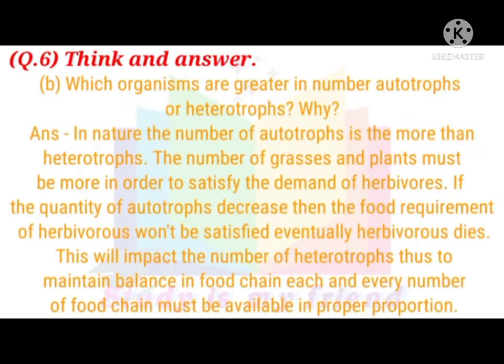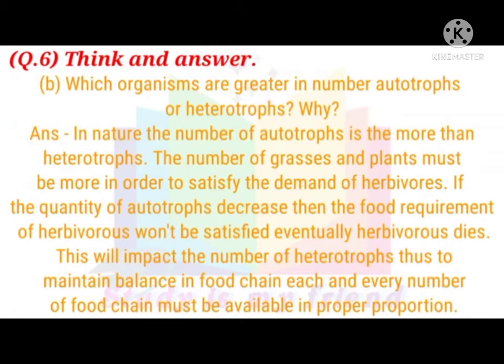B. Which organisms are greater in number, autotrophs or heterotrophs? Why? Answer: In nature, the number of autotrophs is more than heterotrophs. The numbers of grasses and plants must be more in order to satisfy the demand of herbivores.